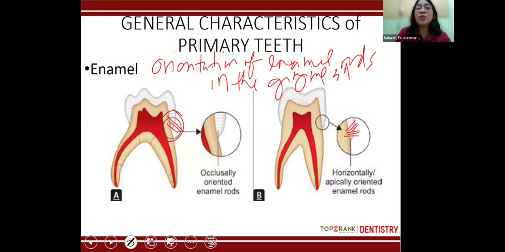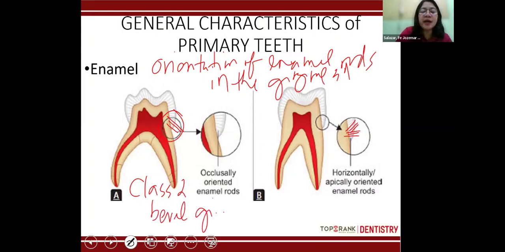Okay. Ano nga yun? What's the significance of knowing that difference? When you're creating a class 2 cavity preparation, you need to bevel the gingival cavo-surface margin. Nasaan yon? Gingival ha, cavo-surface margin, hindi yan beveled.